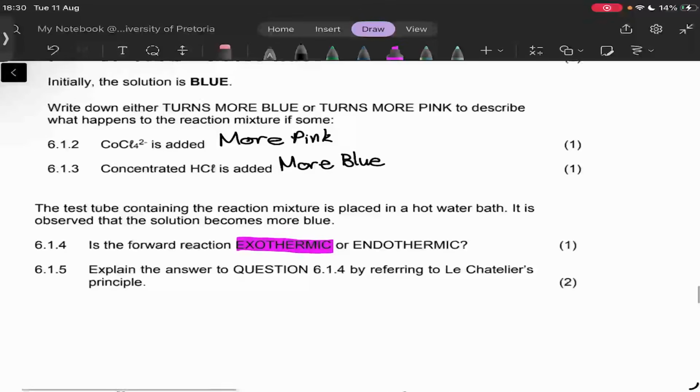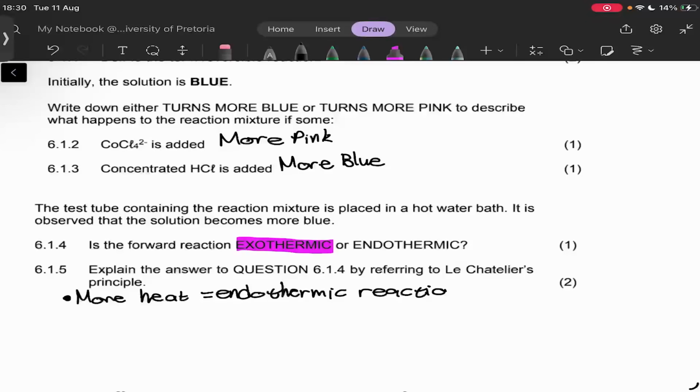so we can actually see what's happening. So I'm going to write as my first bullet point, more heat equals the endothermic reaction being favored. Cool. In this case, we have more blue.